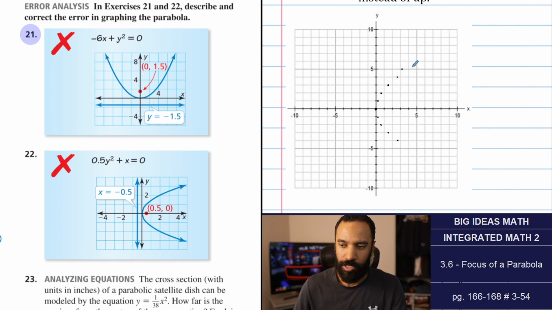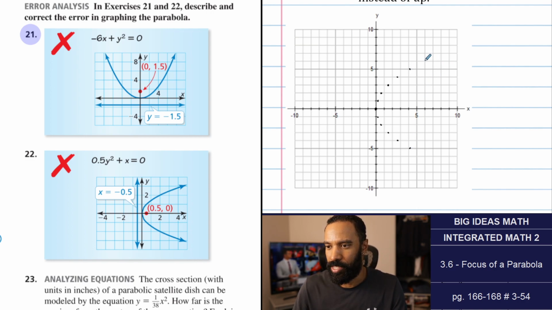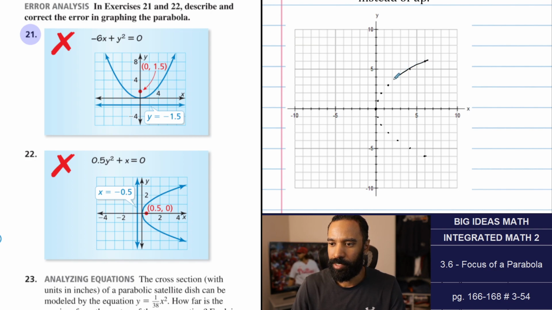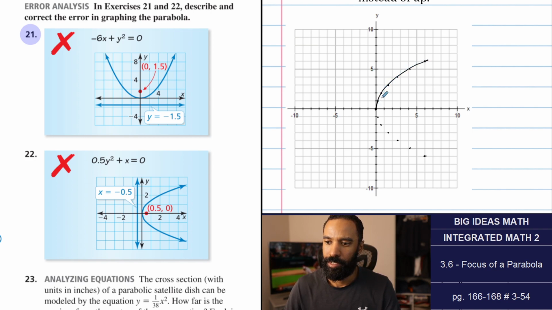Wait, that's not right. That's 3 and 1/6. 4 and 1/6. 36/6 is 6, and that's going to be good enough for me right there. Once I hit the integer, I feel just better about things, better about my life.